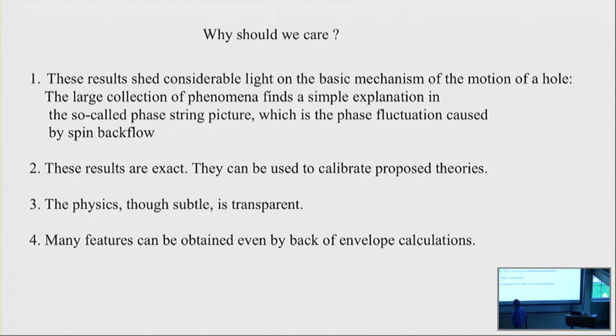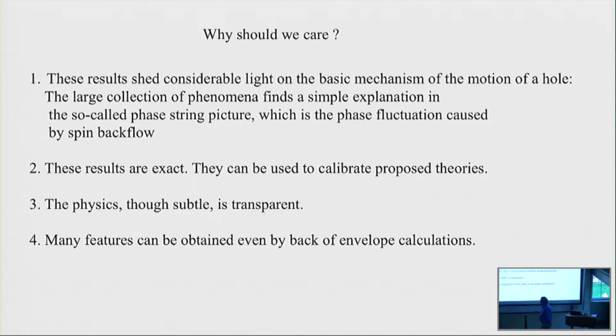I think the exact results will shed considerable light on the basic mechanism of the motion of a hole. This large collection of phenomena has a simple explanation in the so-called phase string picture, which I shall explain, which is the phase fluctuation caused by the spin backflow.